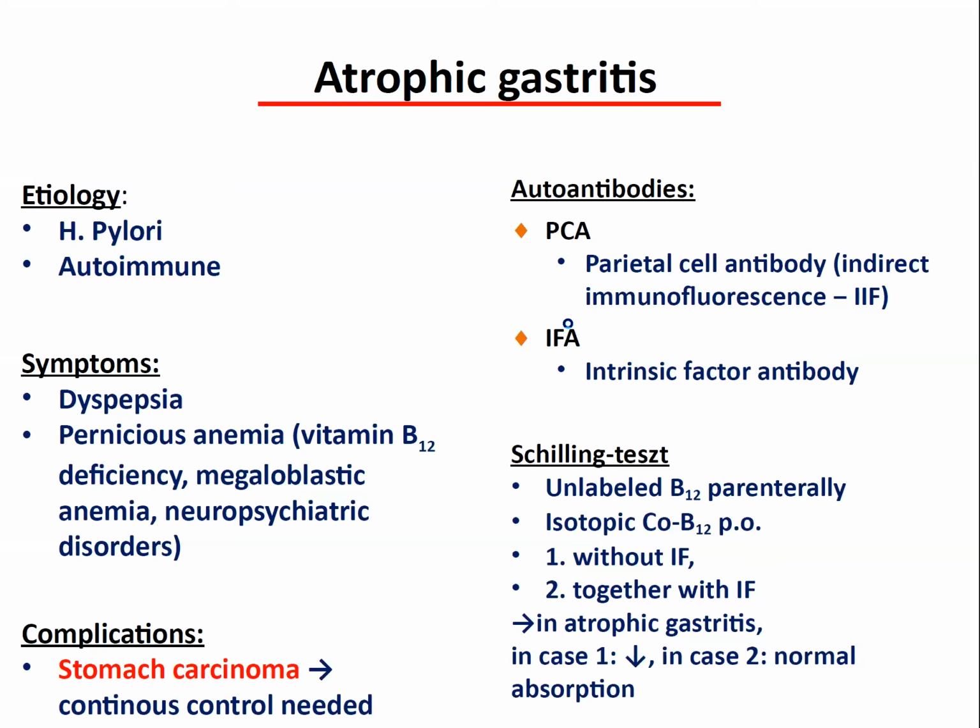Because you saturated the body by the parenteral administration of B12, no B12 is stored in the body, and everything should be urinated out. However, if this excretion is less than 14%, next you give intrinsic factor. And if the intrinsic factor normalizes the absorption, that's the diagnosis of pernicious anemia. So intrinsic factor abnormality causes the disease.